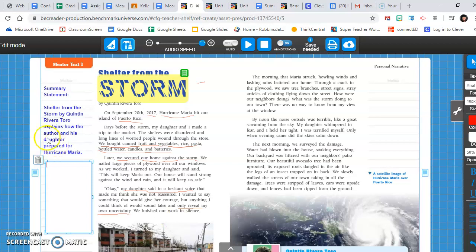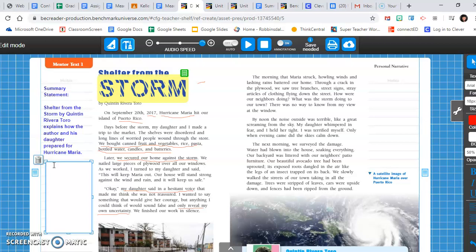So what I already have, Shelter from the Storm by Quentin Rivera Toro explains how the author and his daughter prepared for Hurricane Maria. So the rest of my summary is going to be showing how they did that. I don't need to use all of the details. I need to just give the reader an idea of what this text talked about.